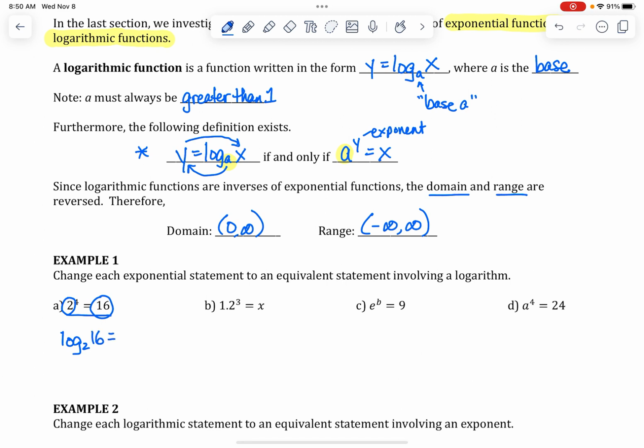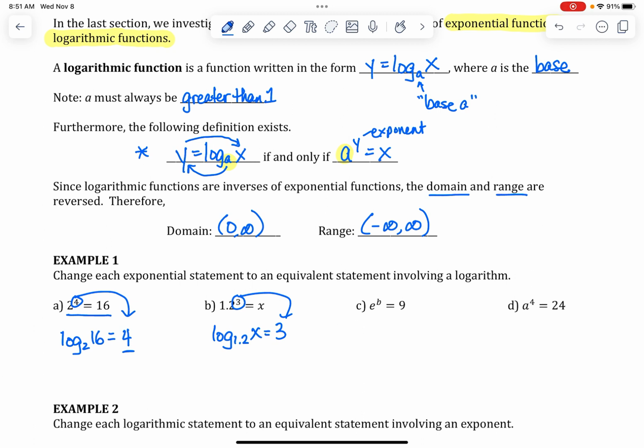The exponent is 4, so the 4 becomes isolated and equals the other side, okay? The base is 2 in both cases, the exponent is 4 in both cases. That's the idea behind all of this. So log base 1.2 of x equals 3, right? As long as you know that that exponent is set equal on its own, then you're in good shape.